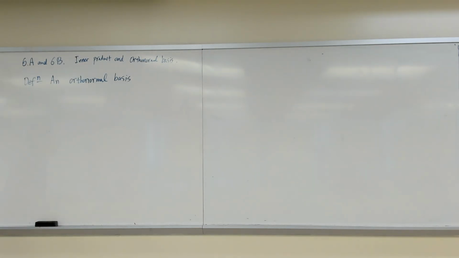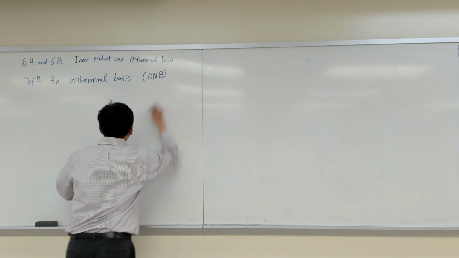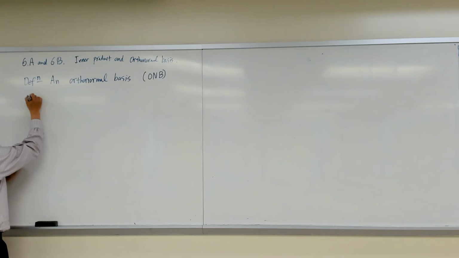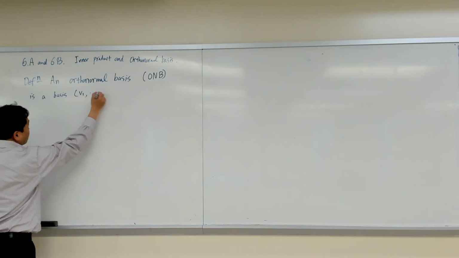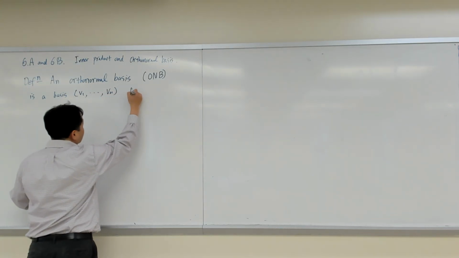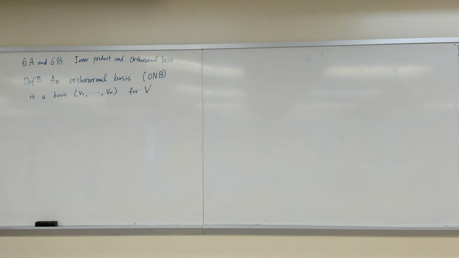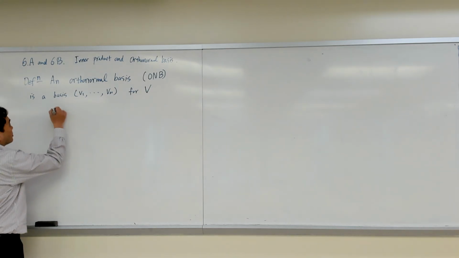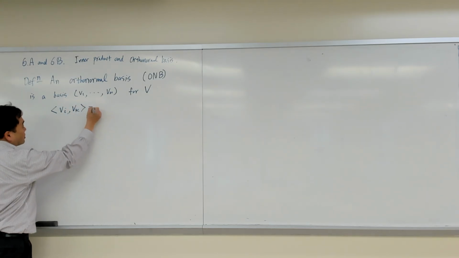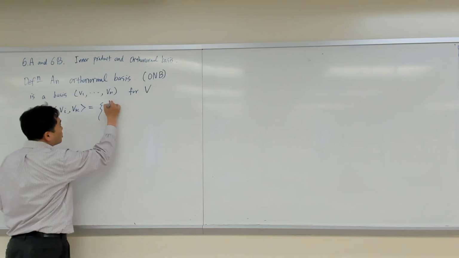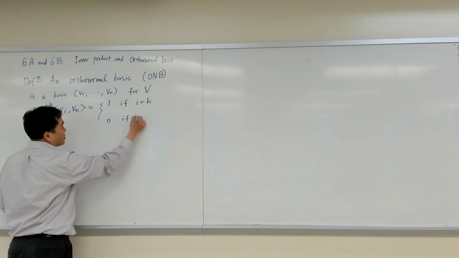Okay, so an orthonormal basis, often abbreviated as ONB, is a basis V1 through Vn for a given vector space V with some equipped inner product, so that the inner product of Vi and Vk is 1 if i and k are equal, and 0 if i and k are different.